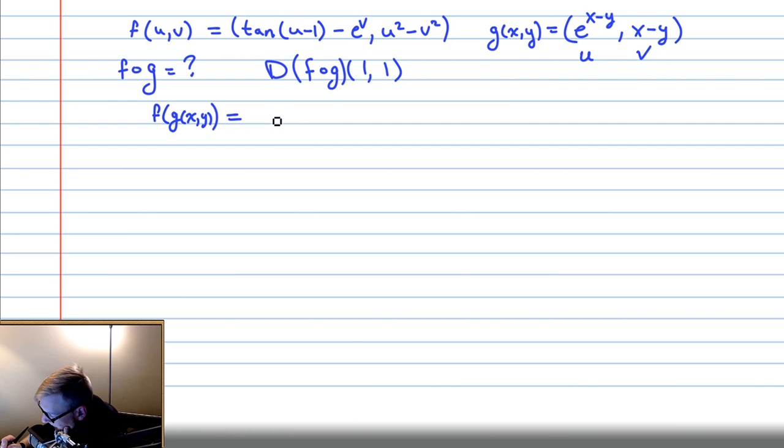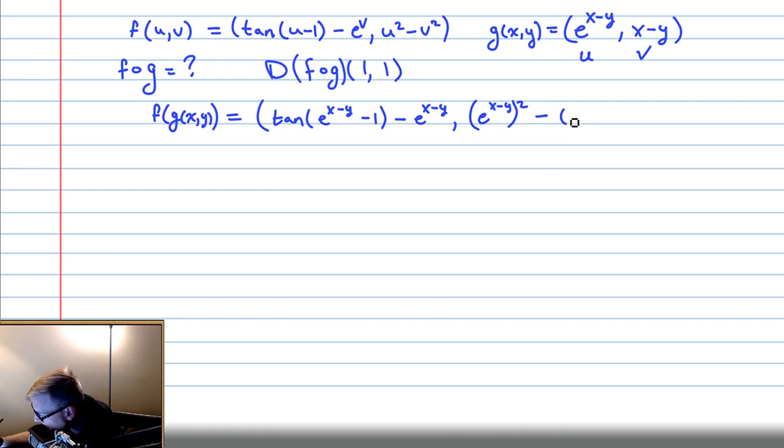So tan of e to the x minus y minus 1, minus e to the x minus y, comma, u is e to the x minus y, and this is squared, so e to the x minus y quantity squared, we'll distribute it after, and minus v squared. V is x minus y, so x minus y squared.